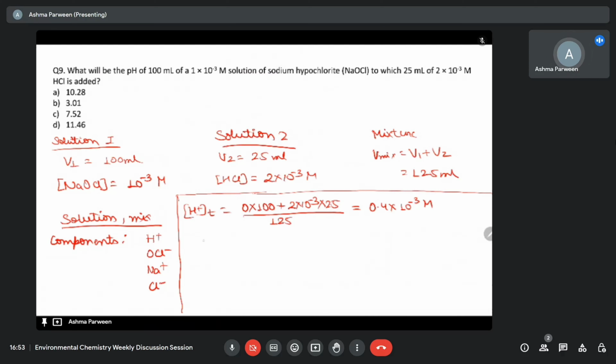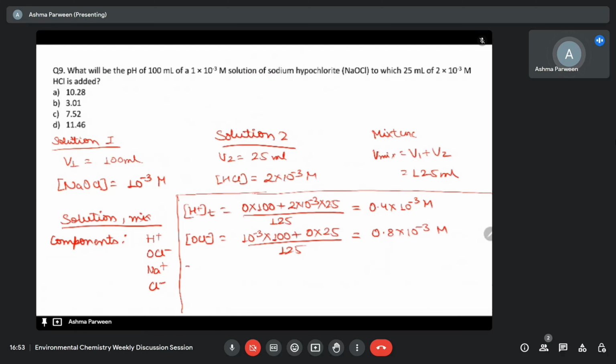Next, we will do the component mass balance for OCl minus. In solution 1, we have 10 raised to minus 3 OCl minus into volume 100. But in solution 2, there is 0 OCl minus into volume 25 upon total volume. We are getting OCl minus as 0.8 into 10 raised to minus 3 m.